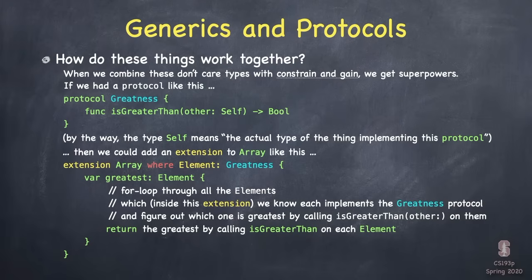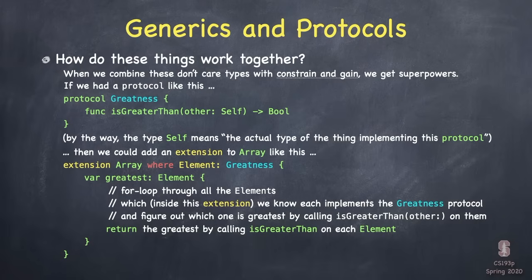Let that sink in. Now this var will not exist in arrays where the don't cares don't implement the protocol Greatness. This var just will not be there. If you tried to type it in your code, the compiler would say, oh, this array does not implement greatest. It would only let you type that in without error if it was an array of something that implements the protocol Greatness. Now, I like to call this we care a little bit, all right?